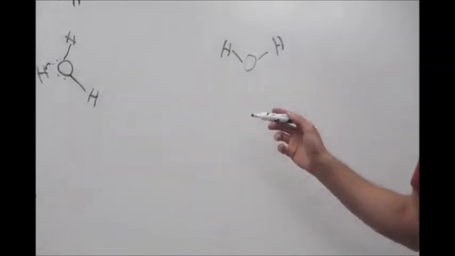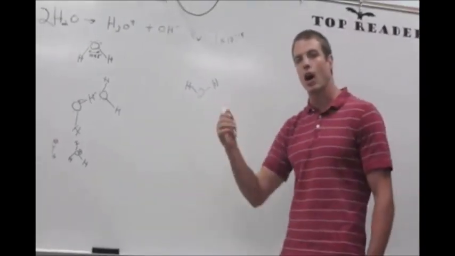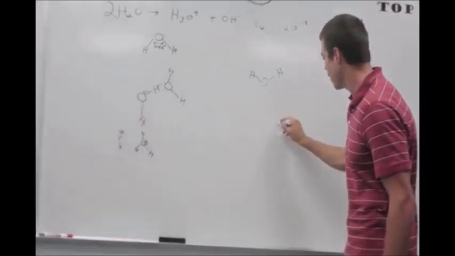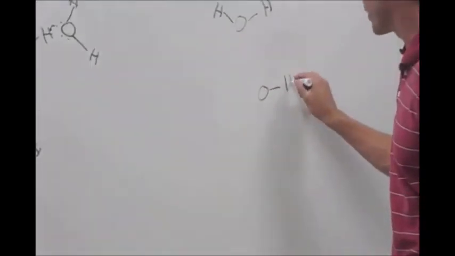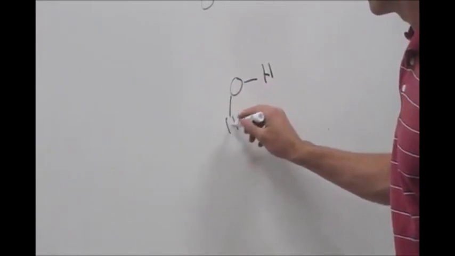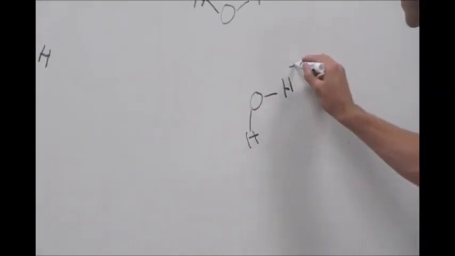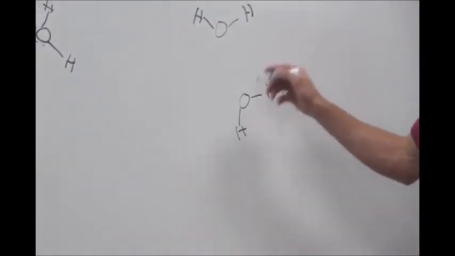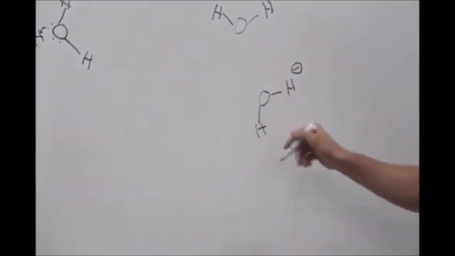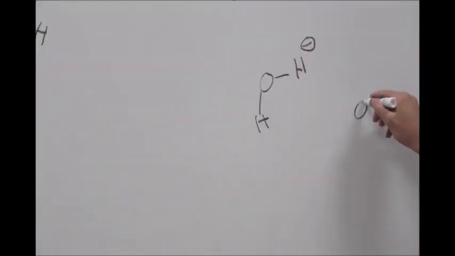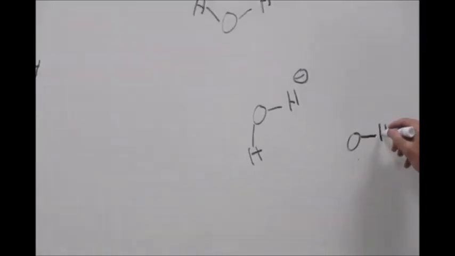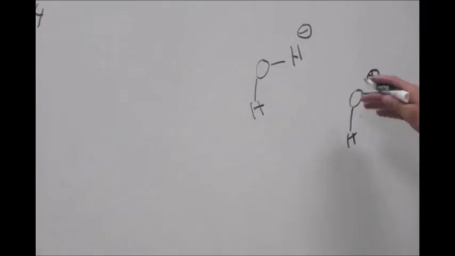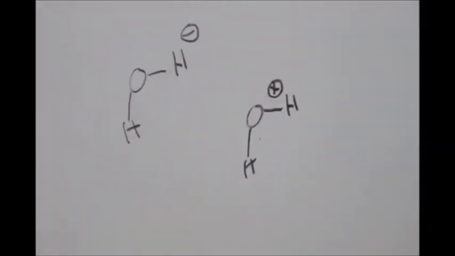It's neutral. And so when somebody says ionized water, that suggests that somehow you have a water molecule that either has a net negative charge, meaning it somehow has gained another electron, or a water molecule that has a net positive charge, meaning it's somehow lost an electron.